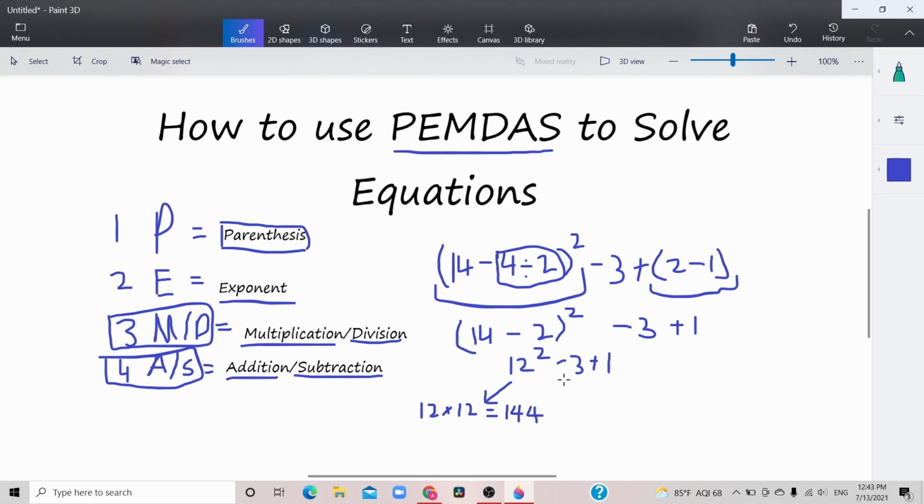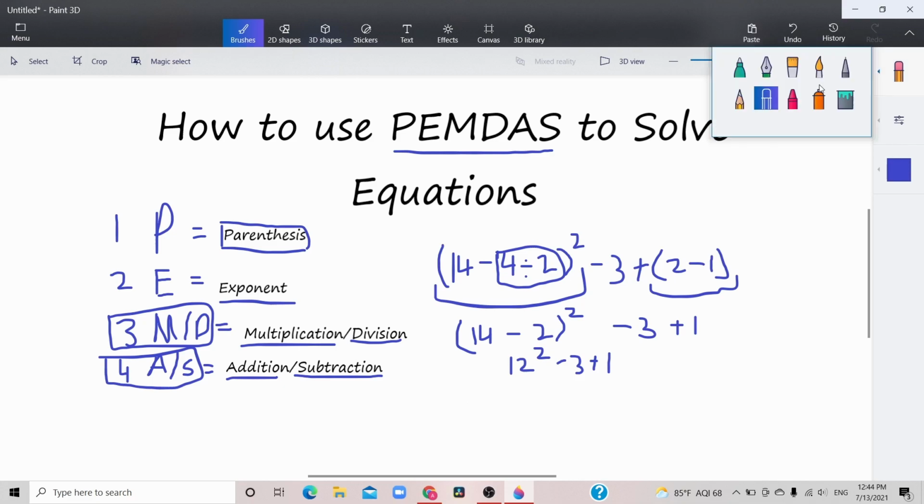Okay, now that we know that's equal to 144, I'll just quickly erase this so we have a little bit more space. Okay, and so now we have 144 minus 3 plus 1.